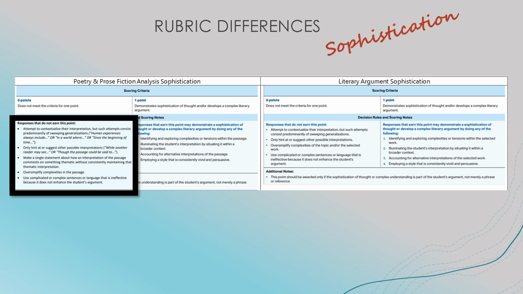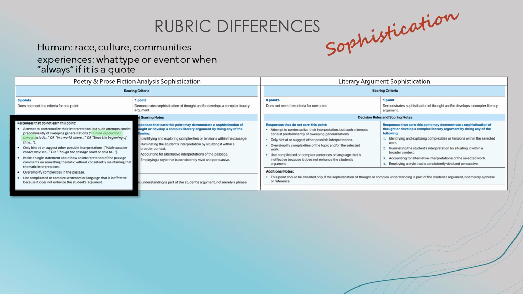Now, in the first bullet, it shows in what context writers tend to generalize. The phrase human experiences always include uses the words human, experiences, and always, which are all general words.